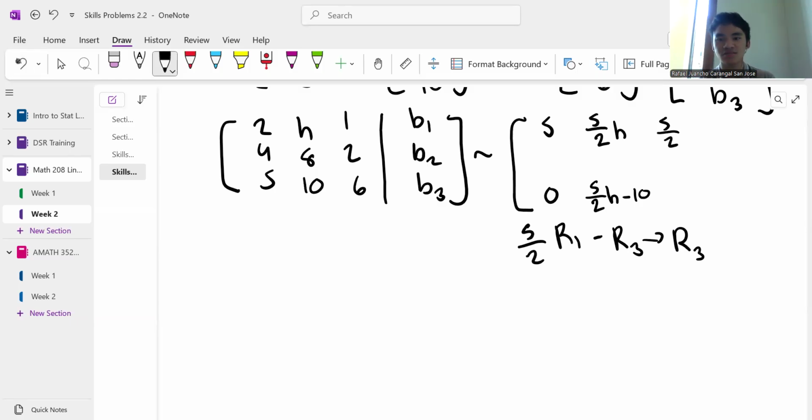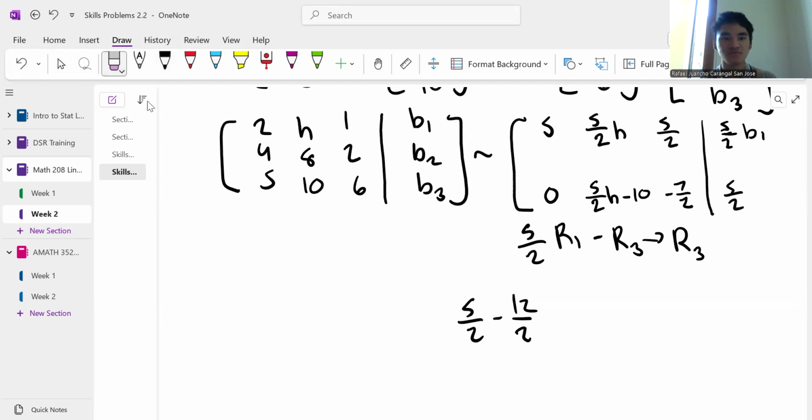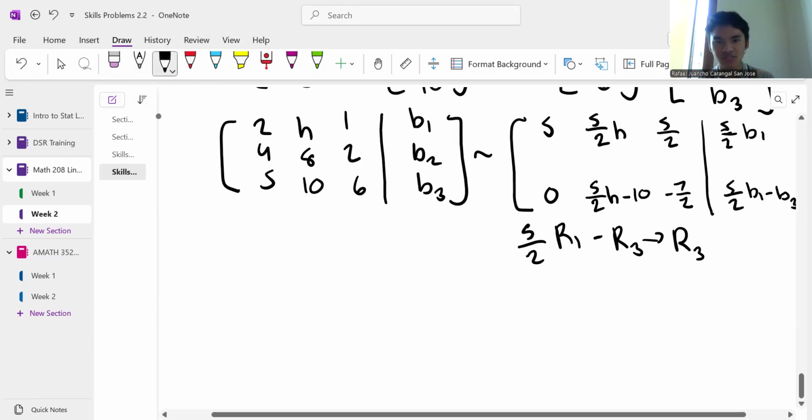I wonder what that is. 6 is 12 over 2, 5 minus 12, minus 7 over 2. Negative 7 halves. We have 5 half b1, oh shoot, not 5 half b1. Oh yeah, you're right. 5 half b1 minus b3. And then we keep row 2 as it is.